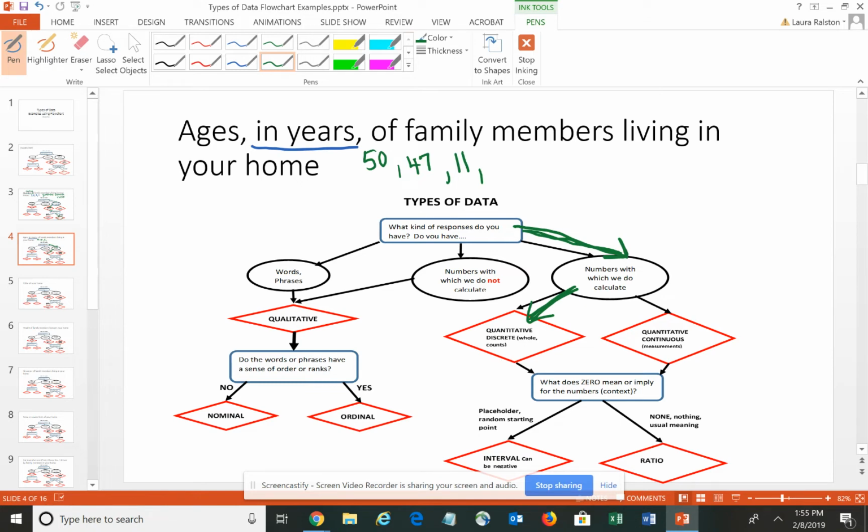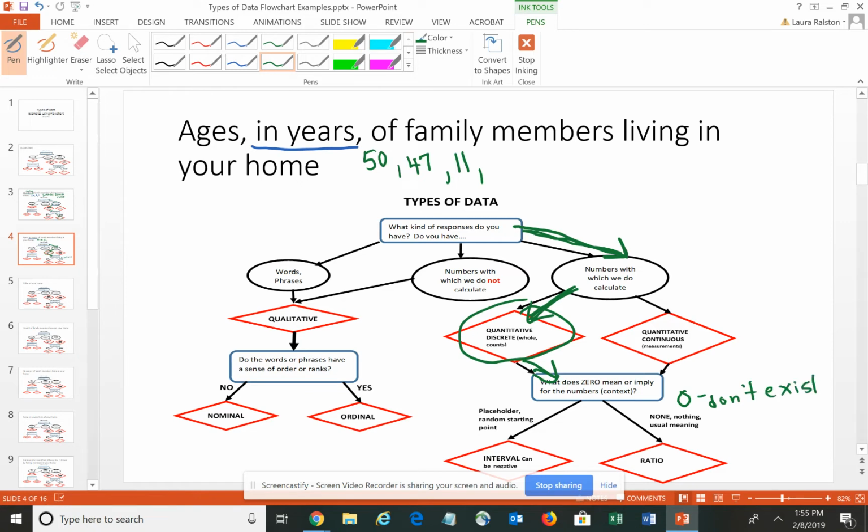Okay, then we want to think about what zero means. So I've decided it's quantitative, discrete, and then I have to think about what zero means. And again, it may seem a little weird, but think about it. If a person is 0 years old, at least in my mind, that implies they do not exist.